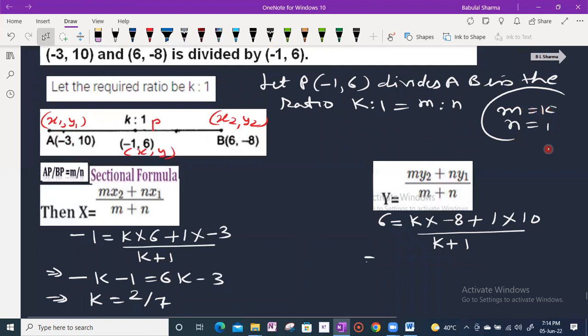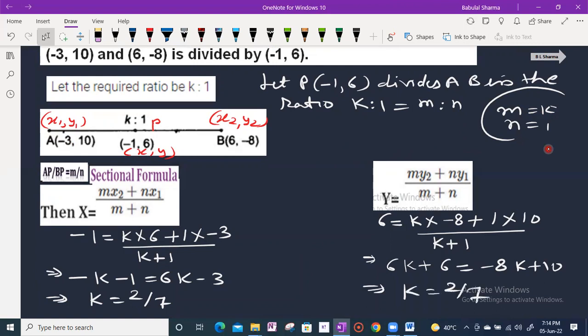So on cross multiplication, that is 6k + 6 is equal to -8k + 10. On further simplification, k is equal to 2/7.